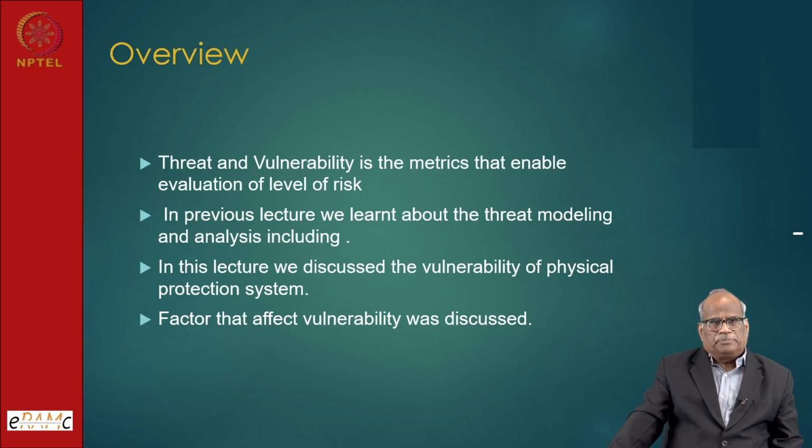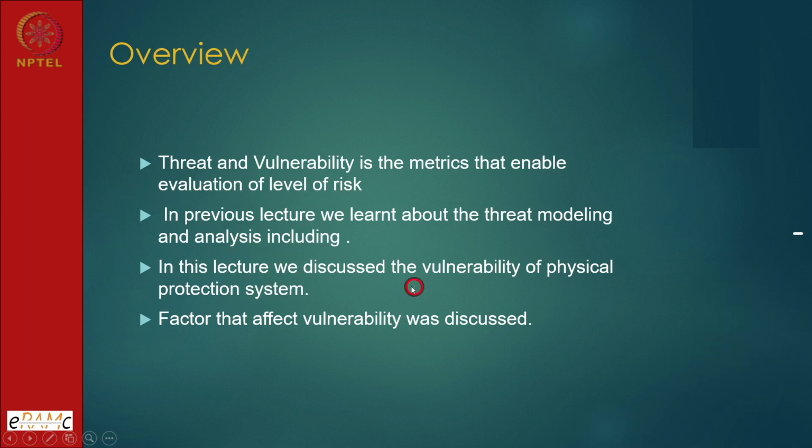So these two metrics we now understood, and they are central to arriving at the estimate of risk: what level of risk is there in the plant, and what improvement to be carried out. In the previous lecture, we learned about threat modeling and analysis. In this lecture, we discussed vulnerability. Now, in the next lecture, we will go on to probabilistic security risk assessment.